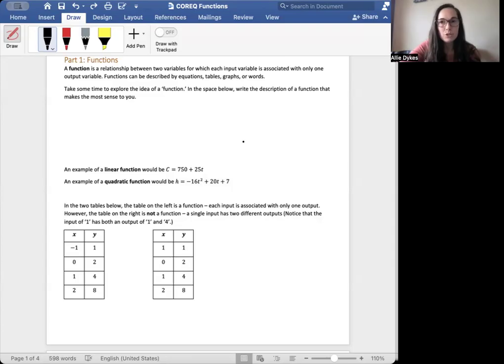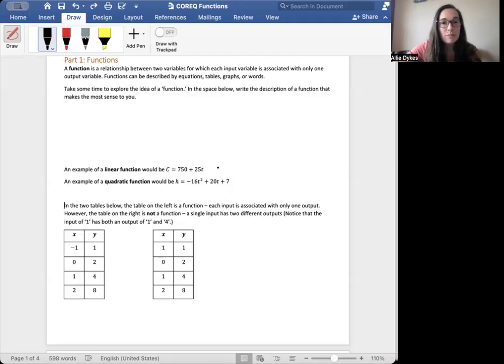So I'm going to let you find and explore the idea of a function and find a description that you like. So for us, a function, if we're looking at it in equation form, when we input one number, we get one number out.